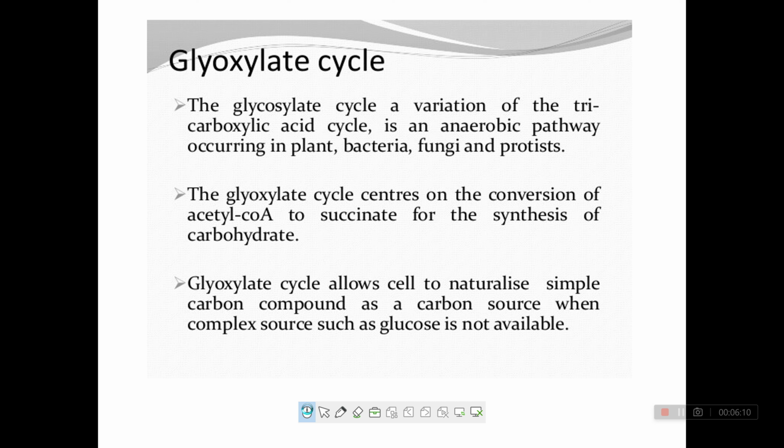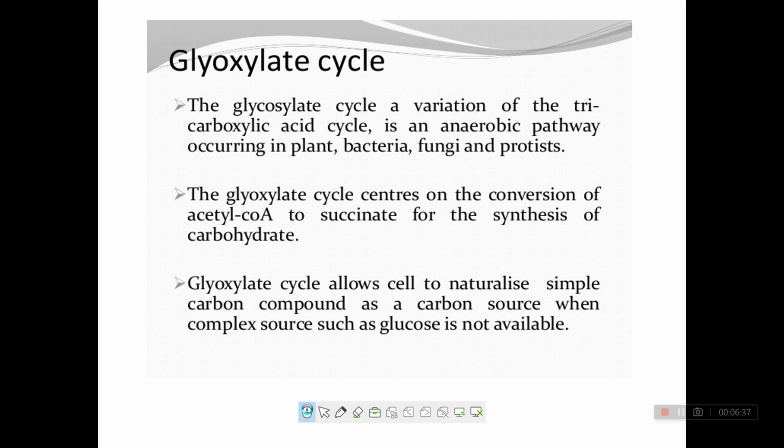And one more question that is asked: which cycle is parallel to glycolysis? The answer is the pentose phosphate pathway, the HMP pathway, or the phosphogluconate pathway. Remember, these three are similar to each other. The HMP pathway and the pentose phosphate pathway are both the same.